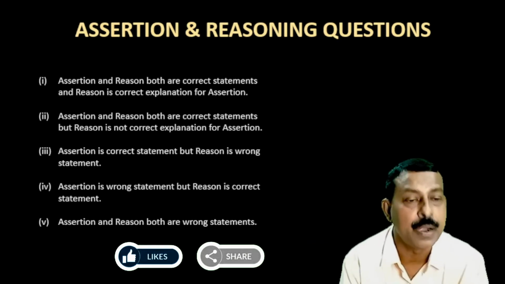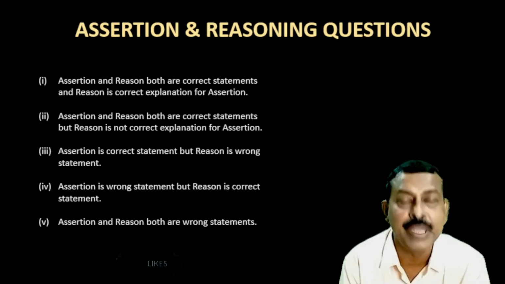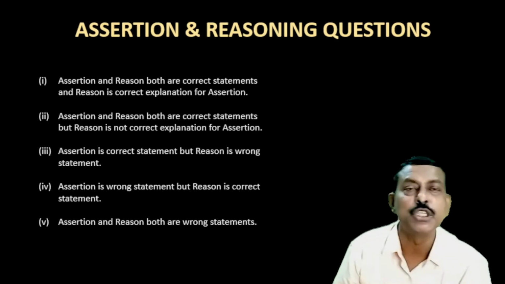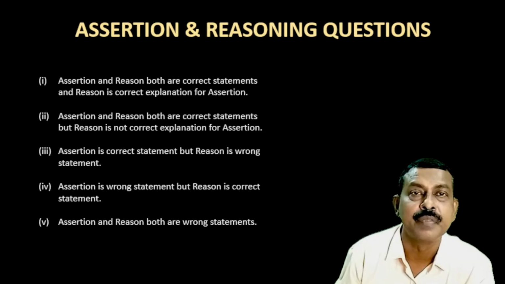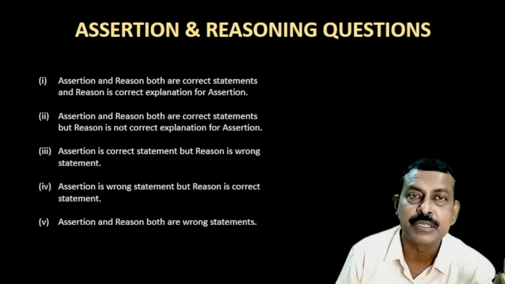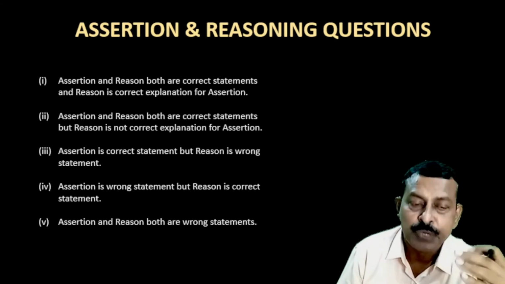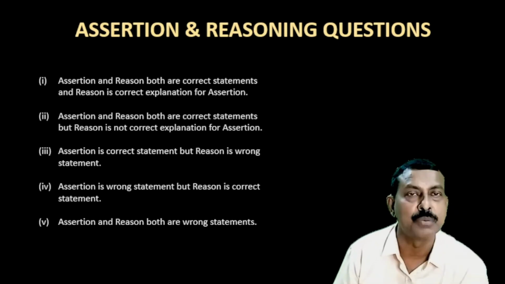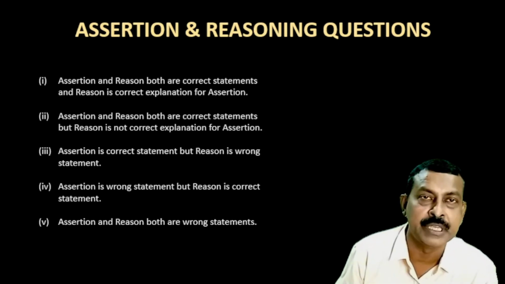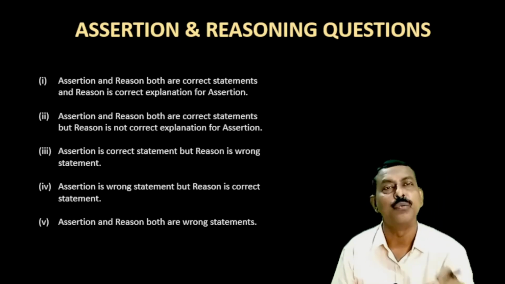Now here, what is the usual way the students attempt? In normal MCQ questions, we read the statement, we read the question, and then we search for the correct option out of the 4 given. Once we get it, we select that one.